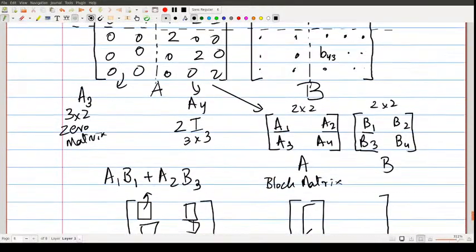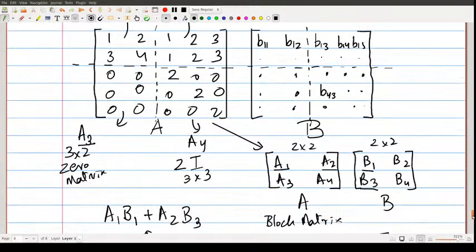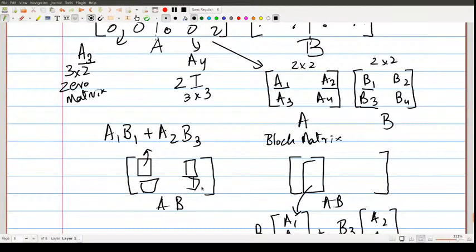And the reason we do this is because some of these matrix multiplications are much easier to do than the others. For example, since A3 is a zero matrix, let's look at this entry, right? So this entry will be A3 times B1 plus A4 times B2.